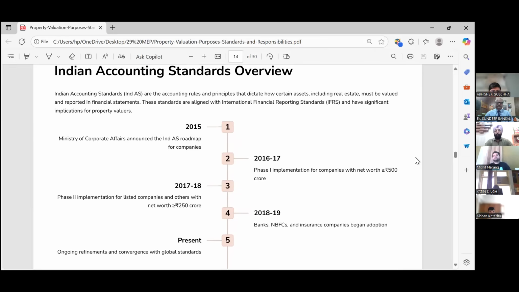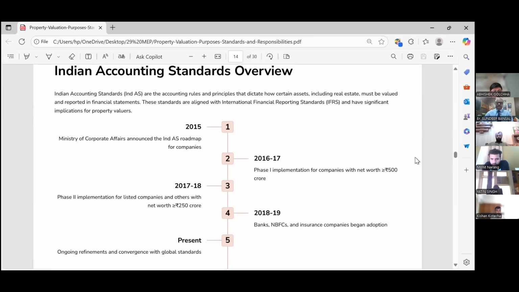And then you have to be conversant with certain Indian accounting standards. So first we will have an overview of the Indian accounting standards. In 2015, the Ministry of Corporate Affairs announced the Indian accounting standard roadmap for companies. In 2016, phase 1 was implemented for companies with net worth more than 500 crore.